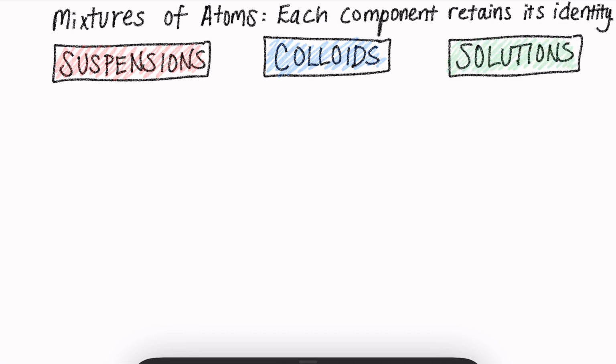A good example of a suspension is your blood. A good example of a colloid is homogenized milk, which is what most people buy at the store. So, milk from your fridge. And an example of a solution is sugar water, like Kool-Aid.